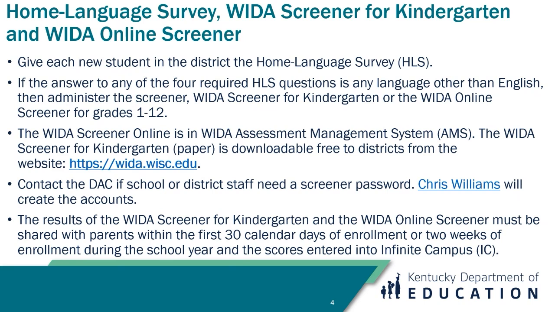That is done through the WIDA Assessment Management System, which we call WIDA AMS. There's a separate training on how to get them into registrations and set up for the screener. We will talk more about WIDA AMS and the WIDA Secure Portal in separate modules.